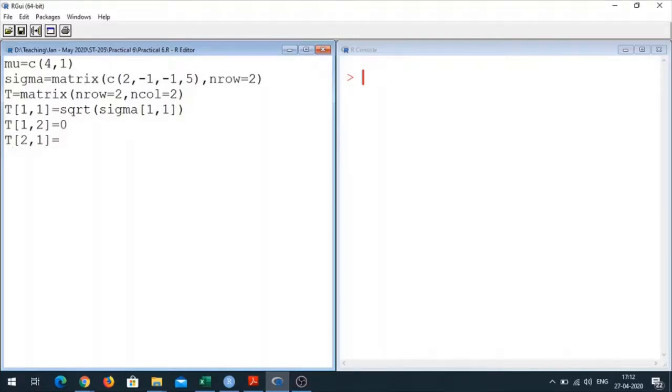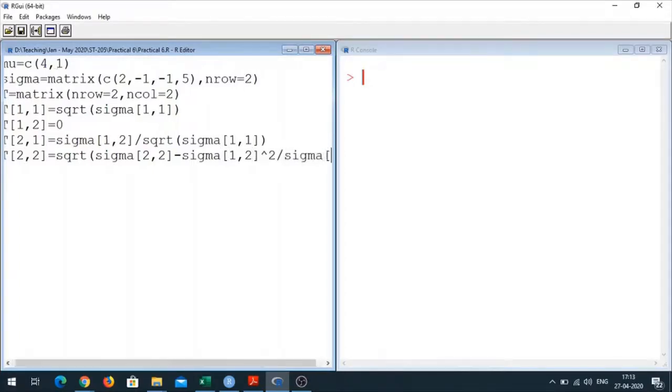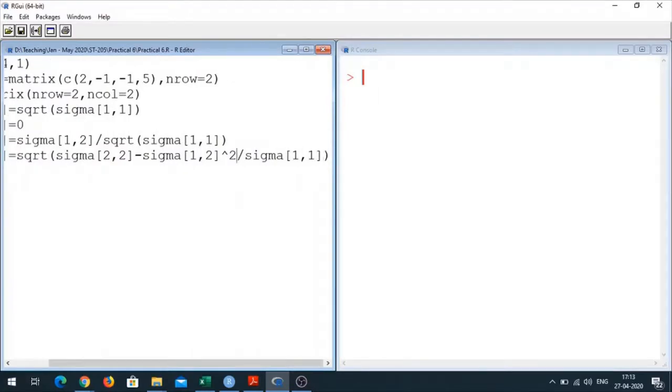T21 is sigma 1 2 divided by square root of sigma 1 1. And T22 is square root of sigma 2 2 minus sigma 1 2 square divided by sigma 1 1. I'm just copying the formula that we derived just now.